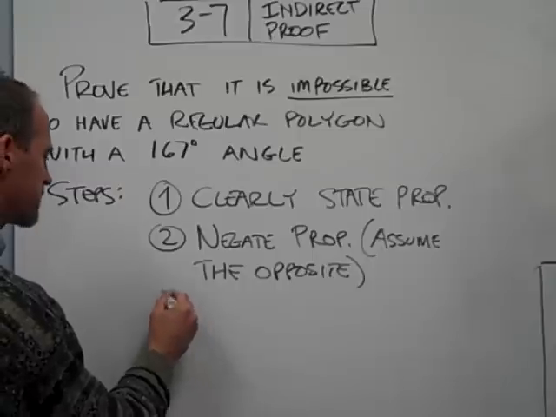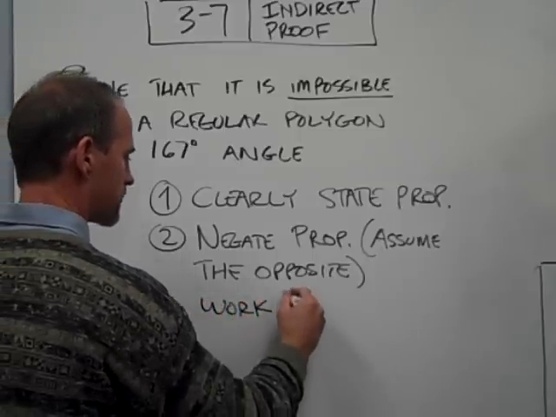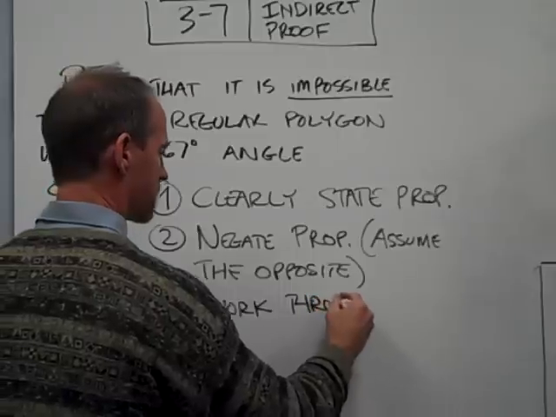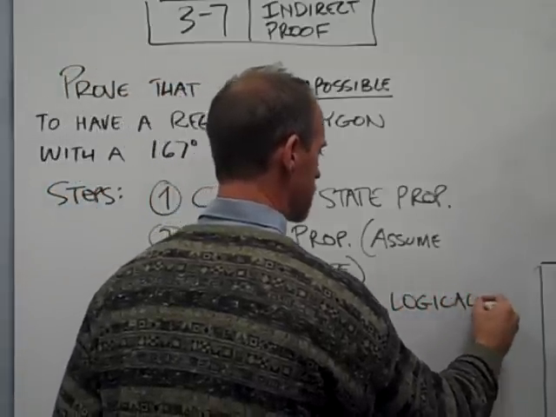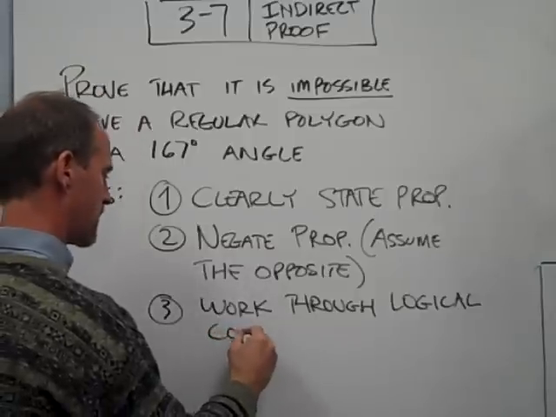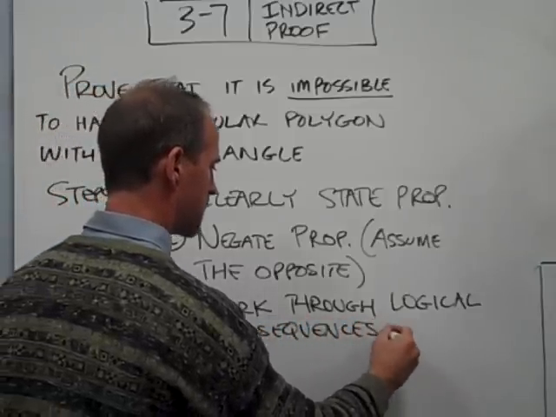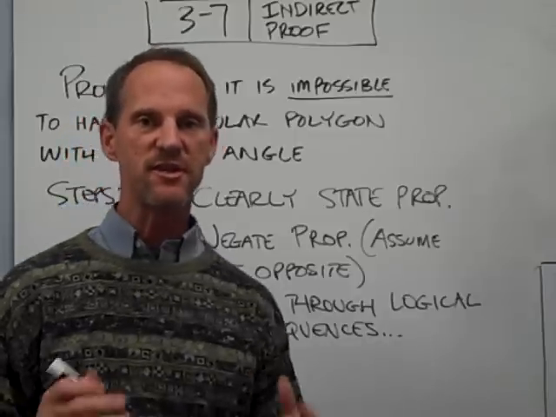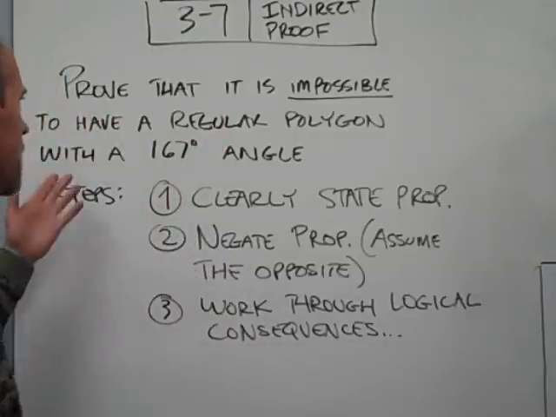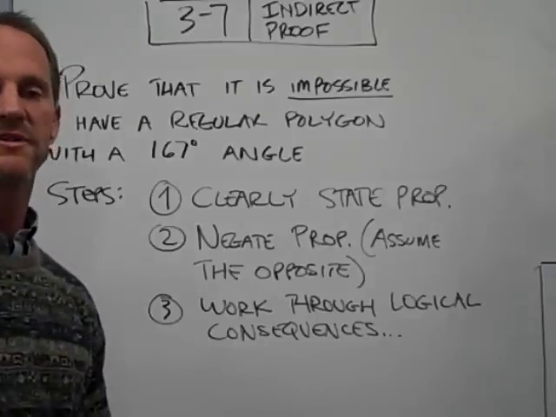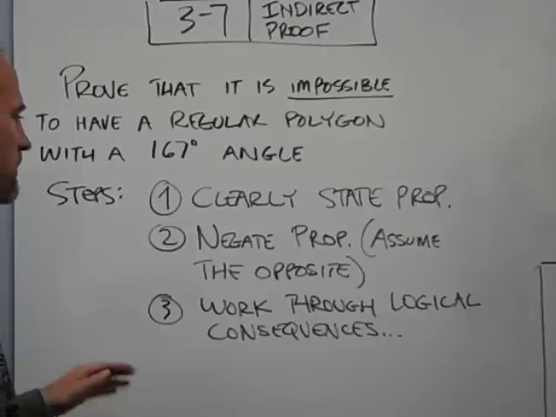All right? Step 3 then is work through the logical consequences. Now this is open-ended, and it has to do with each problem being a little bit different. If it's a geometry problem, you're going to go to a diagram. If it's something like this, you're going to start talking about what it means to have a regular polygon and its angle formulas.